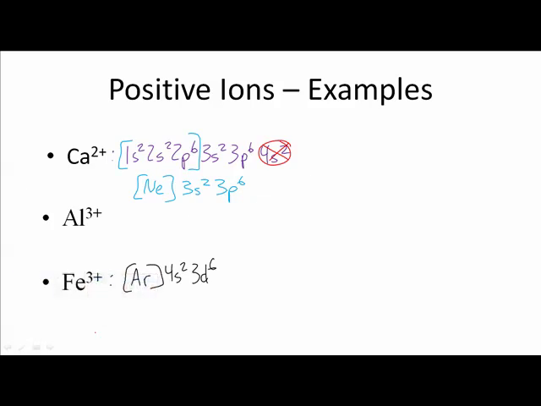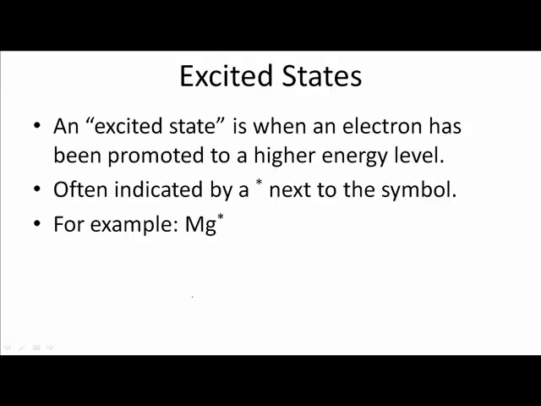If you were making iron 3+, you would actually take away these two electrons first, the 4s electrons, and then you would take away one of the 3d electrons. So it would become argon 3d5. That's pretty much it. I might post a little addendum about excited states and electron configurations, but that was the last thing we needed to hit today.